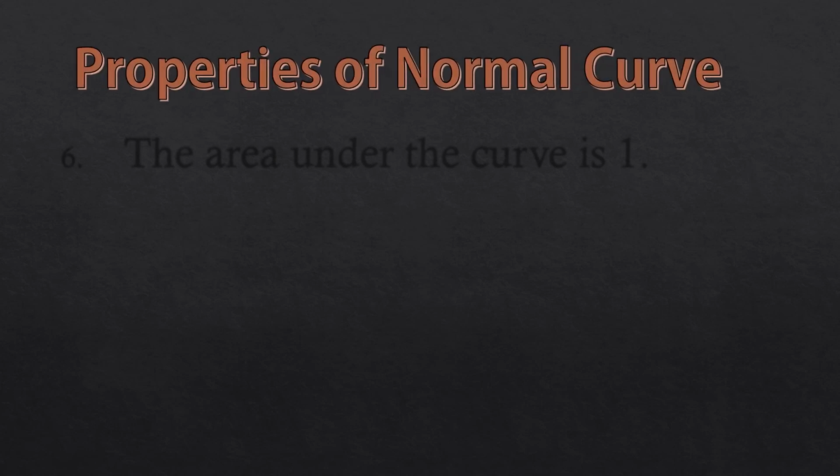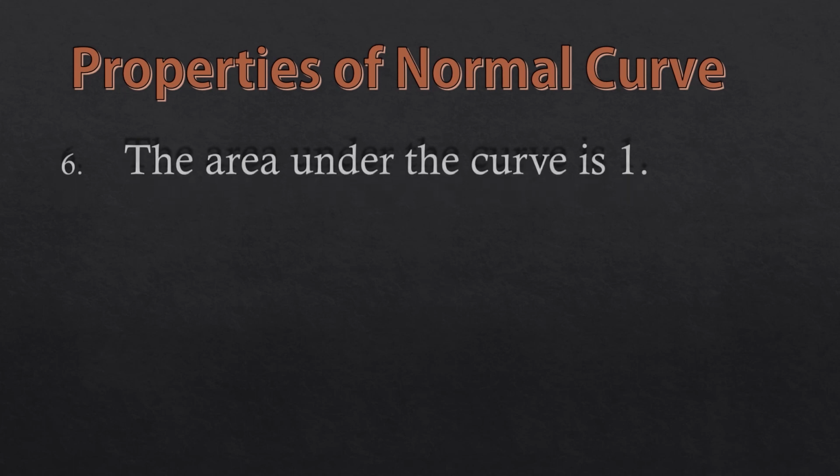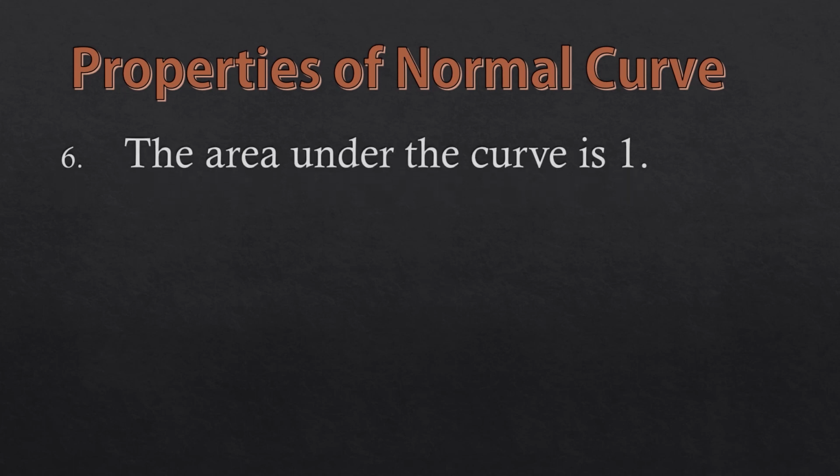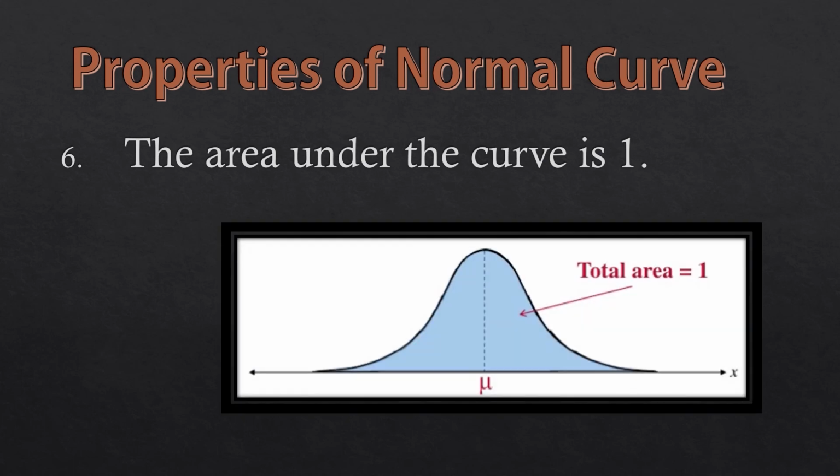And the last property of the normal curve: the area under the curve is 1. The total area, or the probability, equals 1.